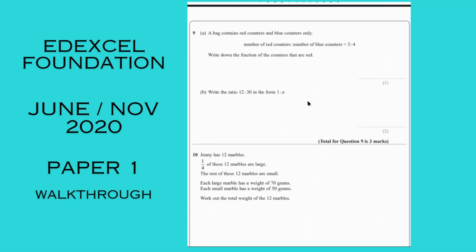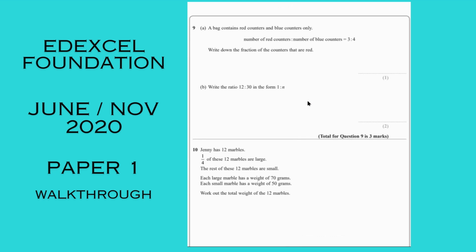On to number 9. So, very popular question, the relationship between ratios and fractions. So, there's 2 people or sections or colours or whatever, but you write the one you want over the total. This one, it's non-calc.